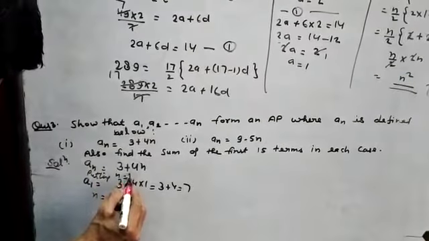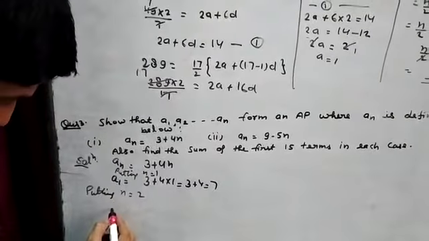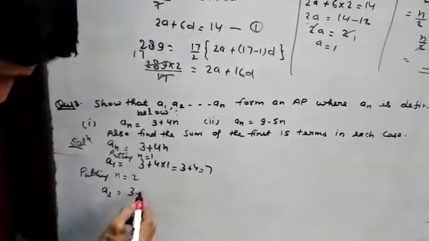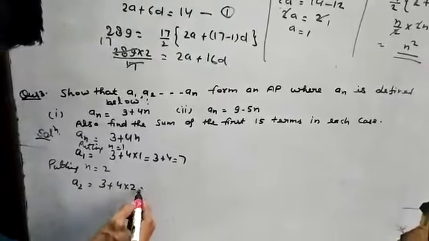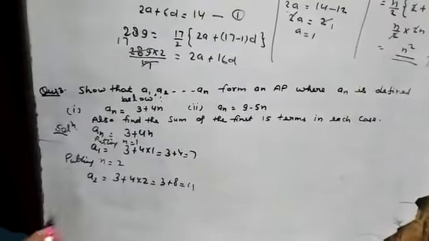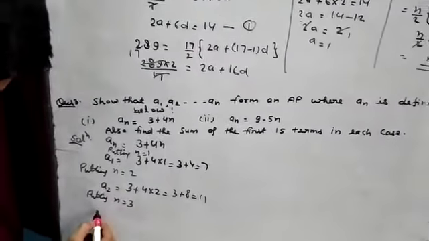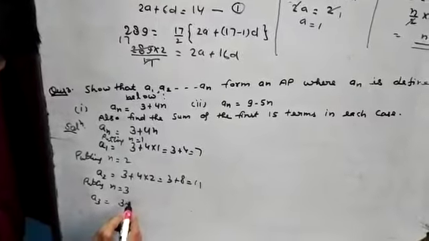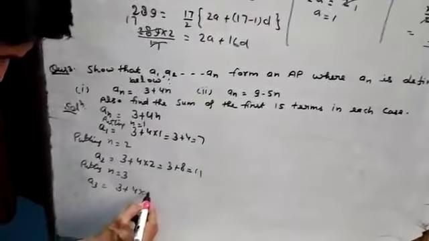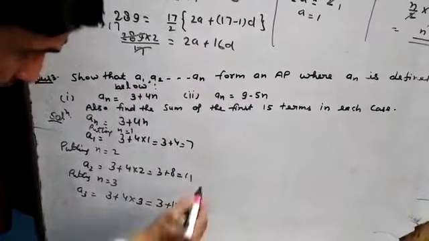Putting n equal to 2, A2 is equal to 3 plus 4 into 2, 4 eights are 8, 11. That's your second number. After it, putting n equal to 3, A3 is equal to 3 plus 4 into 3. 3 plus 12 is equal to 15.